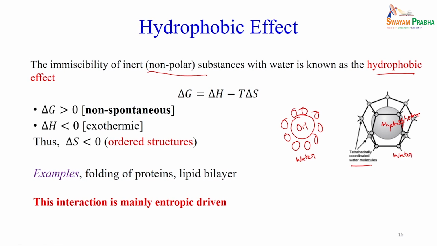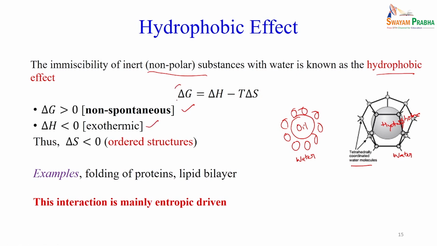So, for this process, the interaction of nonpolar molecules with water, if you look at the thermodynamics of the system, delta G is equal to delta H minus T delta S. This is not a spontaneous process, so delta G is greater than 0, but at the same time this interaction of nonpolar molecules with water is exothermic, so delta H is going to be negative.